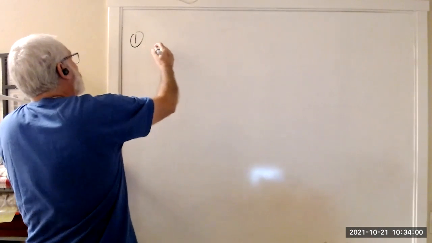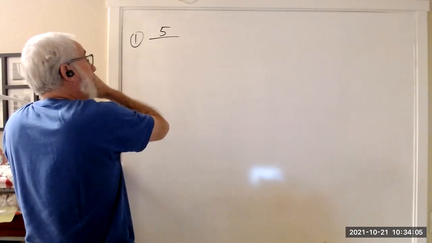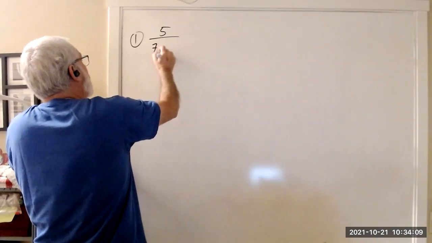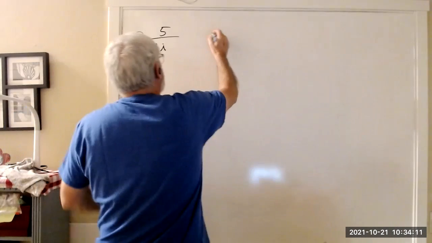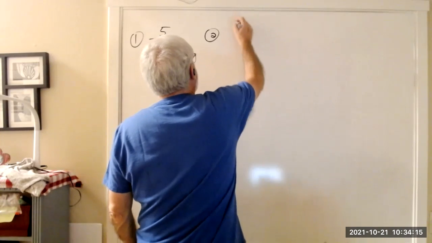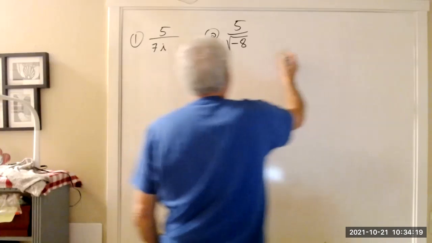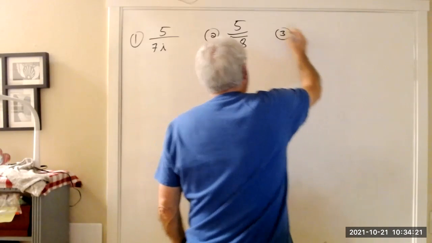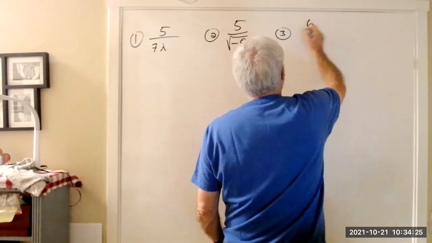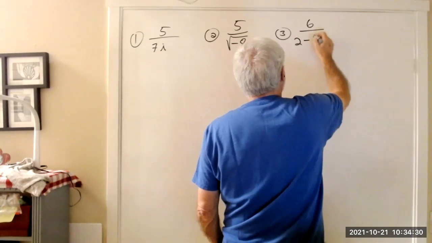Okay, number 1, 5 over 7i. Number 2, 5 over the square root of negative 8. Number 3, 6 over 2 minus 5i.